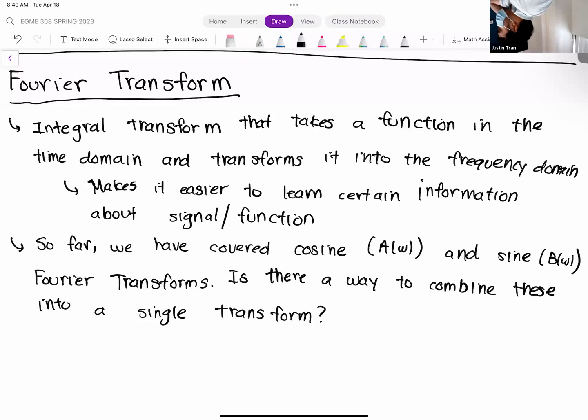And of course, the answer is yes. Otherwise, I wouldn't ask this question, right? And so what we're going to make use of here is our famous Euler's formula, Euler's relation.